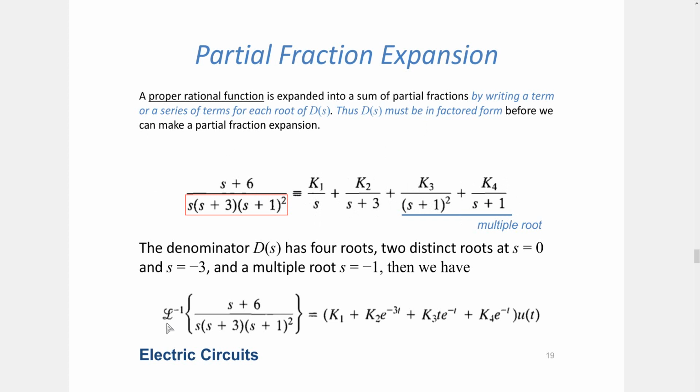So if I take the inverse Laplace transform, it will be k1 plus k2 times e to the minus 3t, because this is e to the minus alpha t, and alpha is 3 here, as you can see.